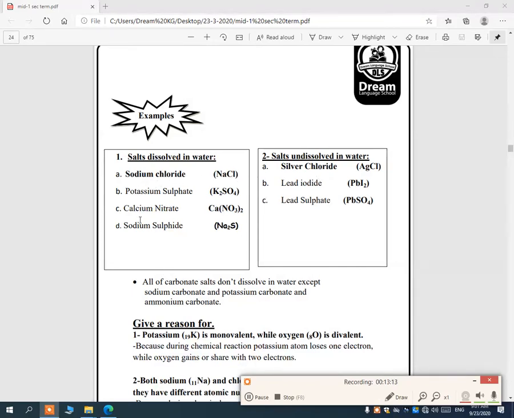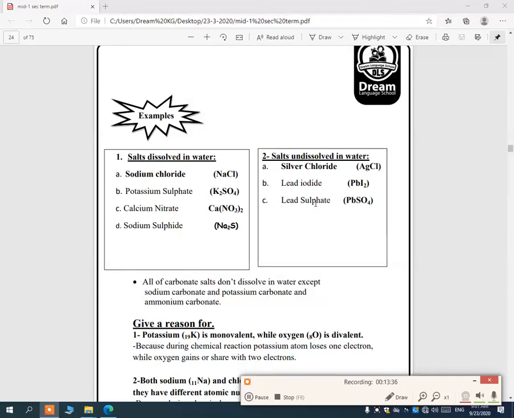First we will talk about the salts that dissolve in water. The first one, sodium chloride, which is NaCl, potassium sulfate K2SO4, calcium nitrate Ca(NO3)2, sodium sulfide Na2S.